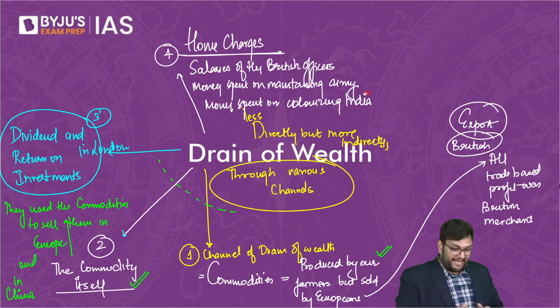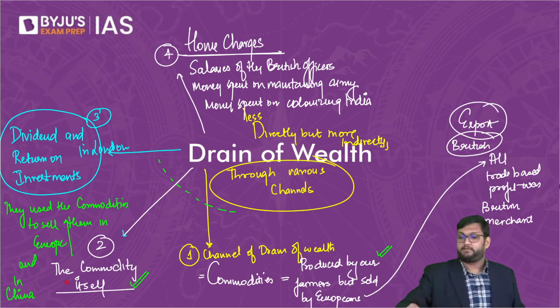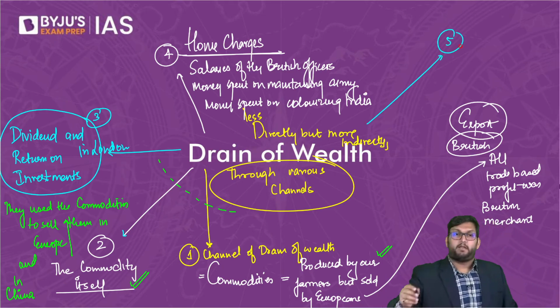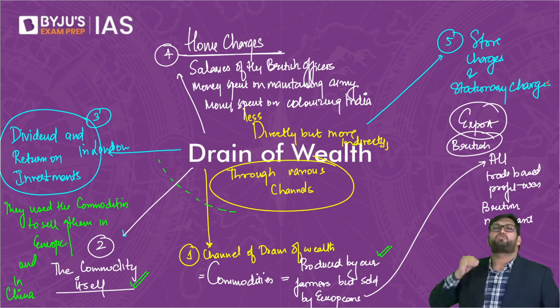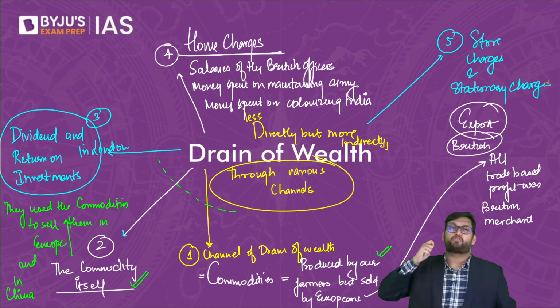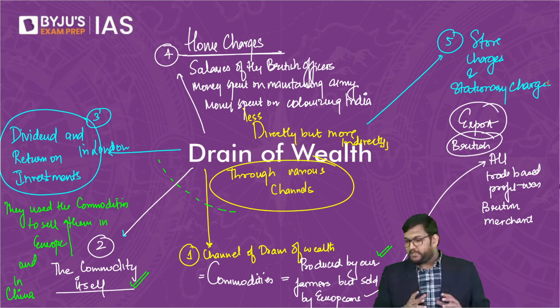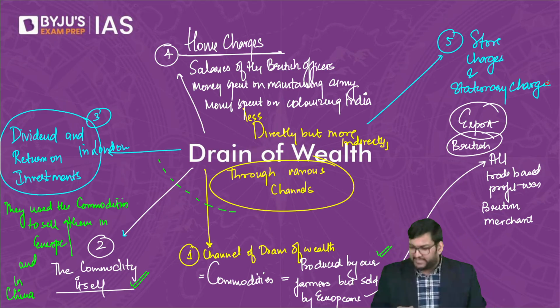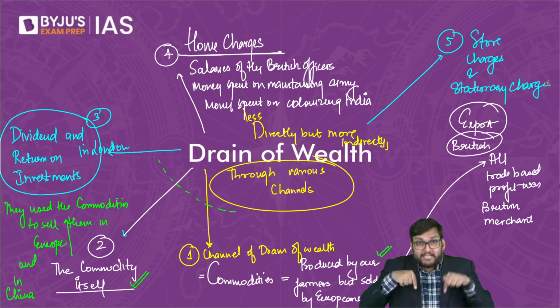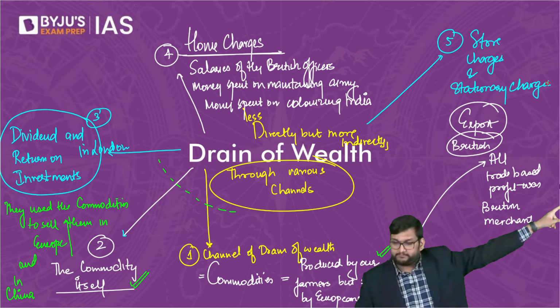And if that was not enough, something called store charges and stationery charges. The Britishers were so corrupt and so greedy. Even one pencil which they used in India was not bought here, it was bought in England.